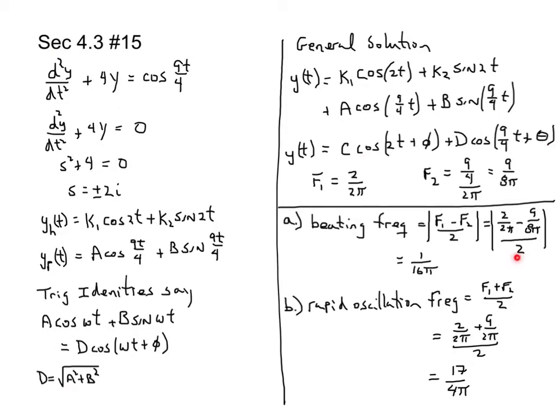And so here I've done it in this case, and so our beating frequency will be 1 over 16 pi, and our rapid response is just the average of the two frequencies, the sum divided by 2. In this case we get 17 over 16 pi.